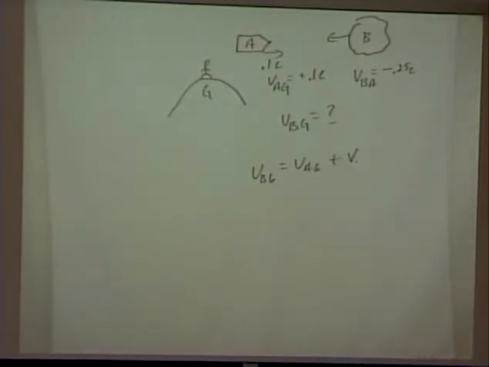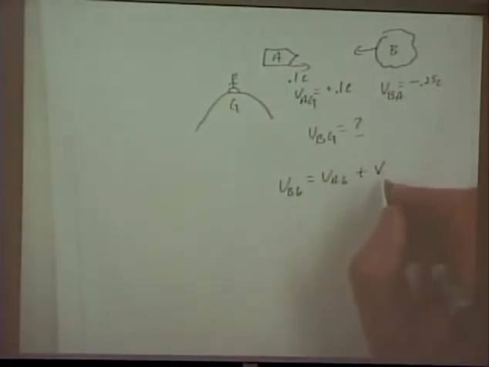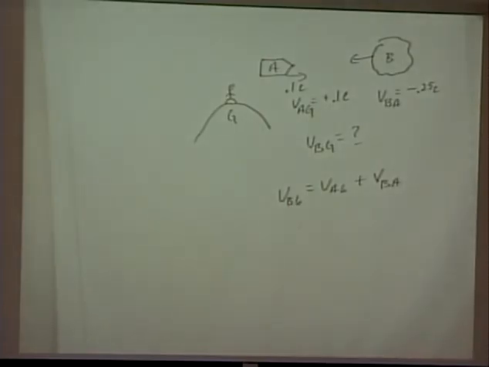Velocity of B to the ground. Yeah, this is all right. This is A to G, B to A. Yeah, velocity of B to A. There we go. Sorry, I lost my mind there for a minute.